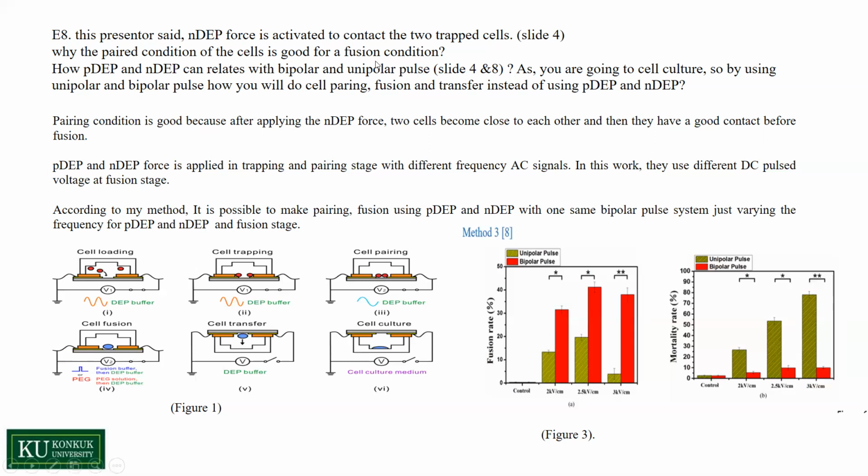And after pairing, in the fusion stage, I will use the same bipolar pulse system. So I think that one bipolar pulse system can be used for PDEP, NDEP, and also for the fusion. When I use this, we get similar results to the unipolar pulse, with a higher fusion rate and a lower mortality rate for good cell culturing.